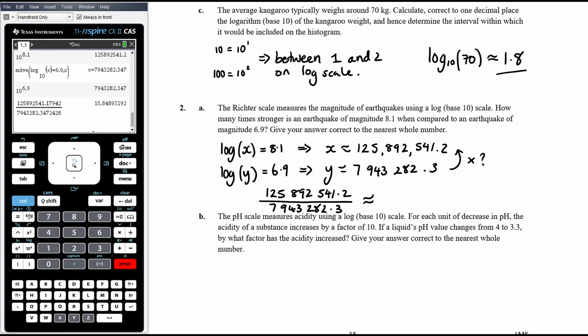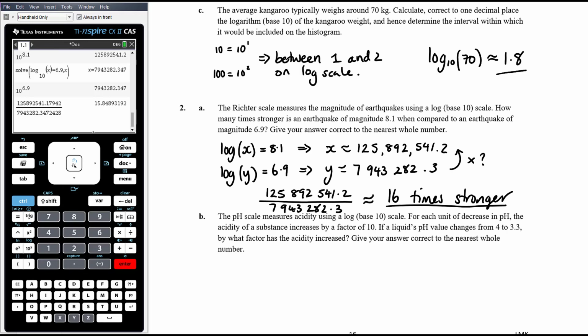And therefore it's approximately, now we want the answer to the nearest whole number, approximately 16 times stronger. Okay, so 8.1 and 6.9, you're adding on 1.2, but that doesn't mean that it's just 1.2 times as big, it's 16 times as strong.